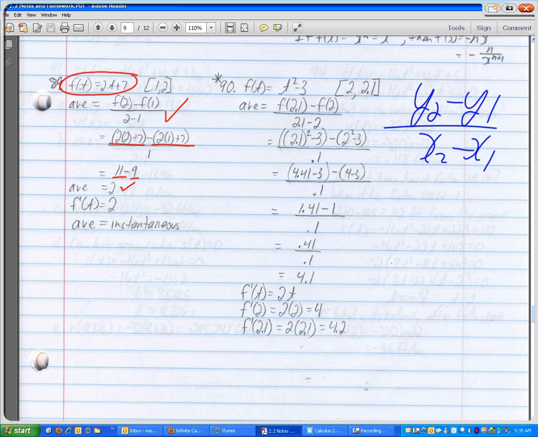All right, now, the instantaneous rate of change. Find the derivative, because the derivative is the instantaneous rate of change. Well, if that's our function, then doesn't f prime of t just equal 2?